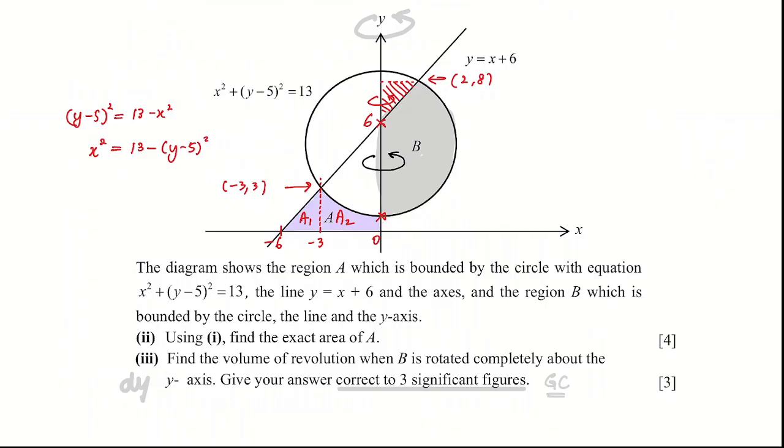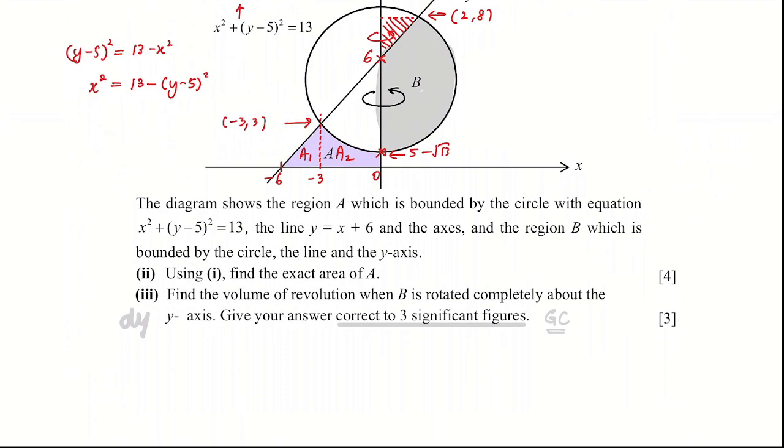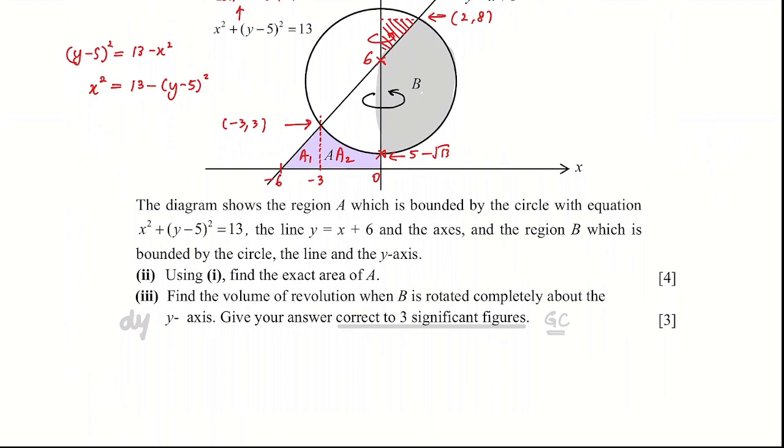Or if you think about this, the center is (5, 0). So if the center is 5, the radius is root 13. So this one over here is actually 5 minus square root 13. I think now we are ready to do the integration.